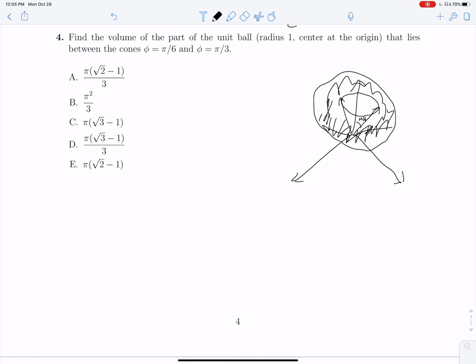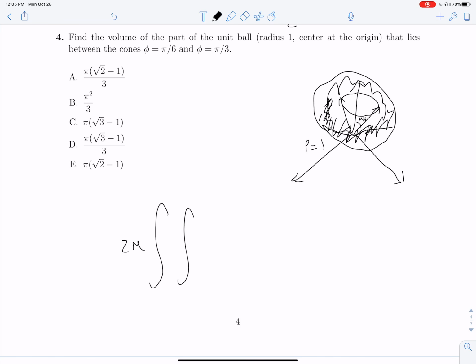It's kind of a weird cone with a cutout in it. And we know that this is the unit ball, which is a kind of silly term, but whatever. So we know that rho is equal to 1. So we can set up our double integral, because we can just multiply by 2 pi, because we're not dependent on theta.